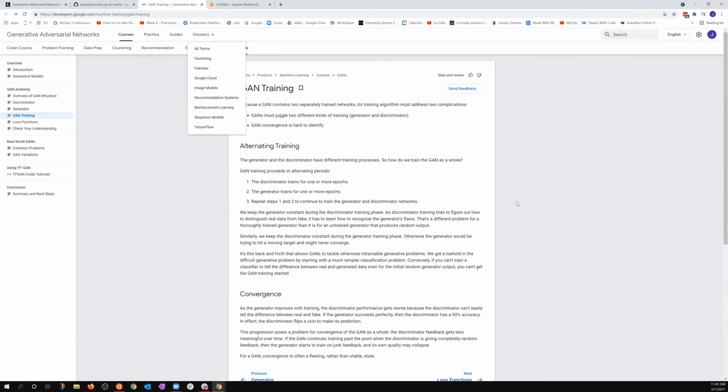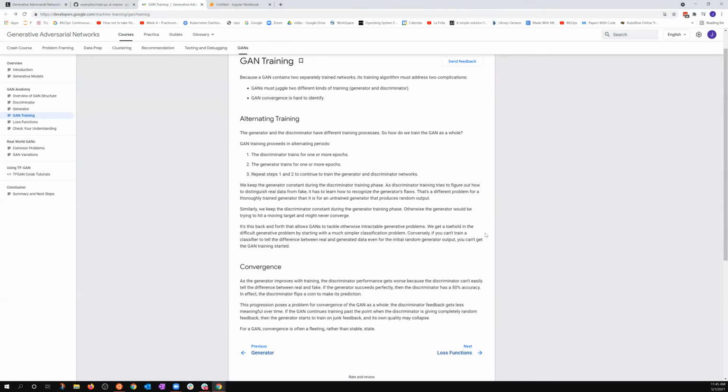Yeah, they have given the training procedures in alternating periods: firstly training the generator network for one or more epochs, then alternating it, then backpropagating the gradients, then stopping it. It's kind of like a hack here.